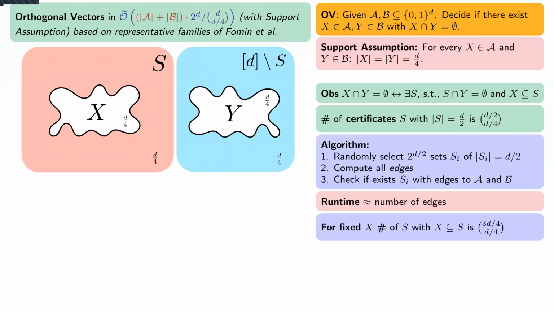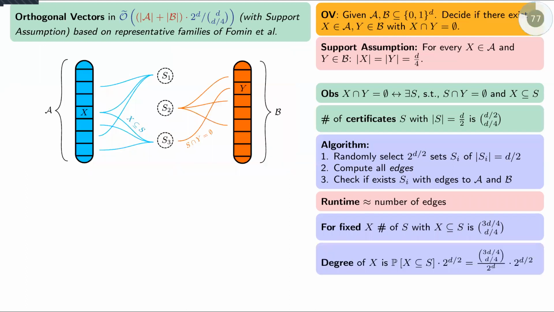Okay, and now I'm going to bound the size of this graph. Observe that for a fixed edge, the number of sets that contain it is 3D over 4 choose D over 4. Basically, you are given this set X here, and you have freedom to select it among 3D over 4 different elements, and you need to select only D over 4 elements.